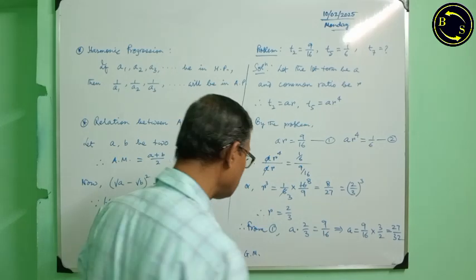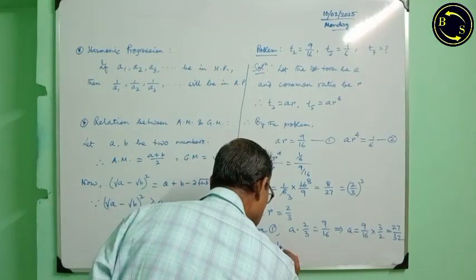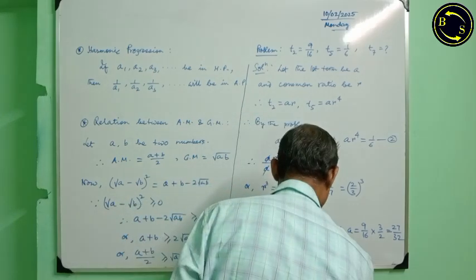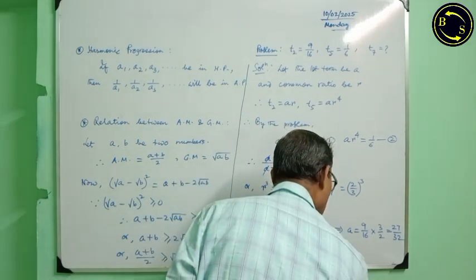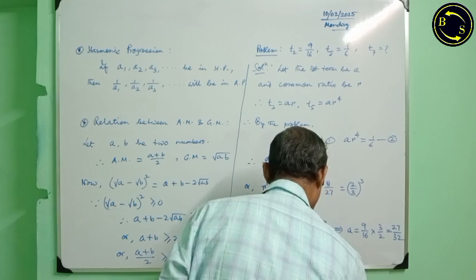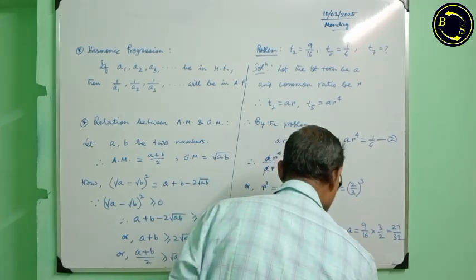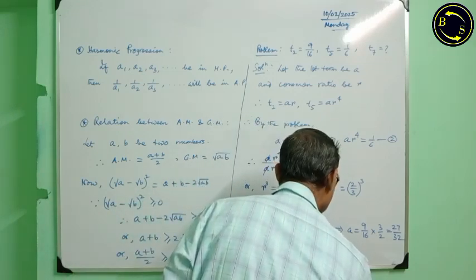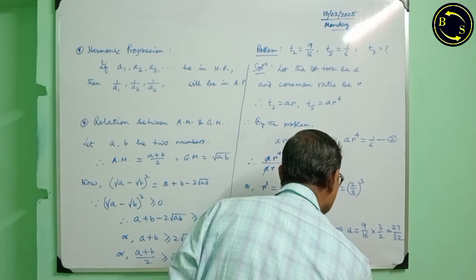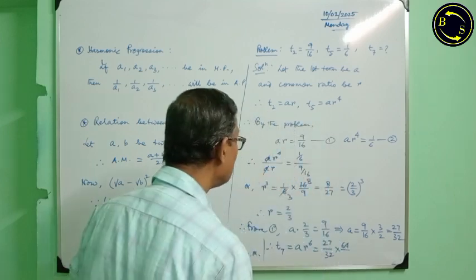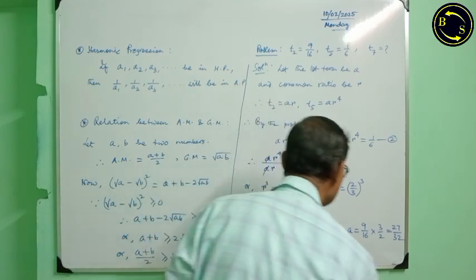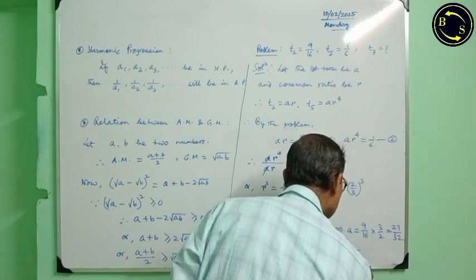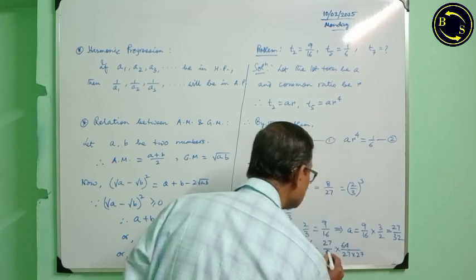We have to find T7. Therefore, T7 is AR to the power 6, 27 by 32 into (2 by 3) whole to the power 6. 2 to the power 6 is 64, and 3 to the power 6, I write 3 cube into 3 cube, that means 27 into 27.